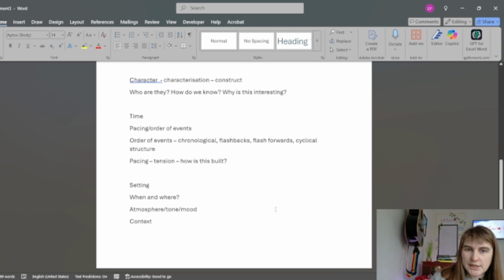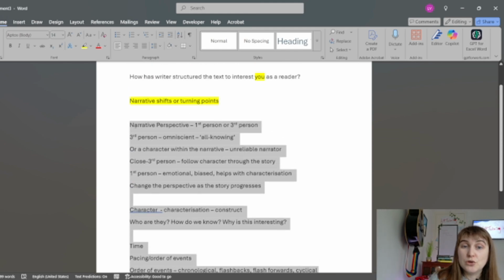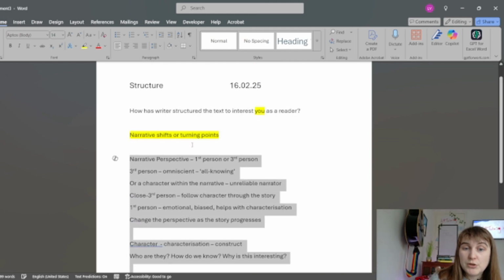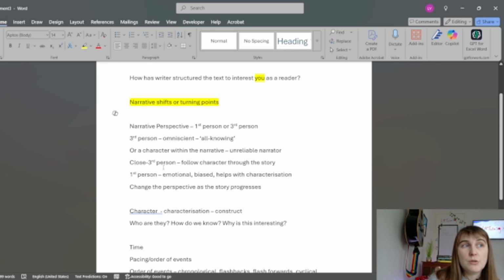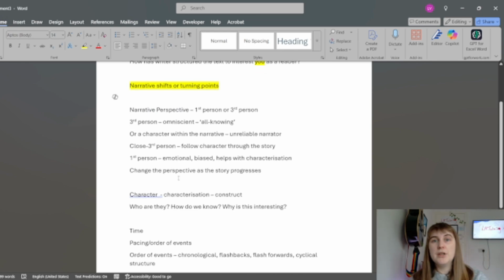Okay, so essentially, all of those elements are the things you're looking for with structure. And when you talk about them, you would talk about them in the same way as you would with language when you quote a technique. So with language, we might talk about a writer using a simile in order to show us this.